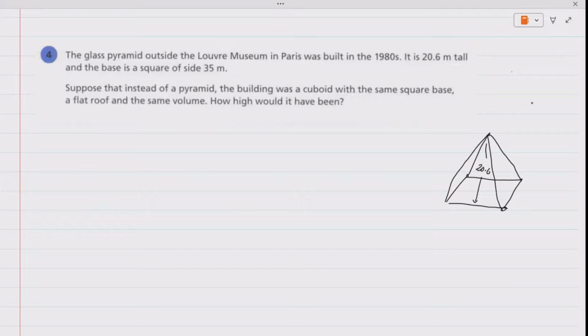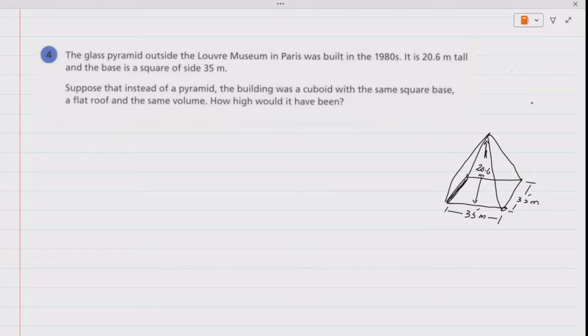So this height is 20.6, and the base is a square. It means one side is 35 meters. And this height is again in meters, 20.6 meters. If the base is a square, we know the other side is also 35 meters. Okay, so this is what we are given.